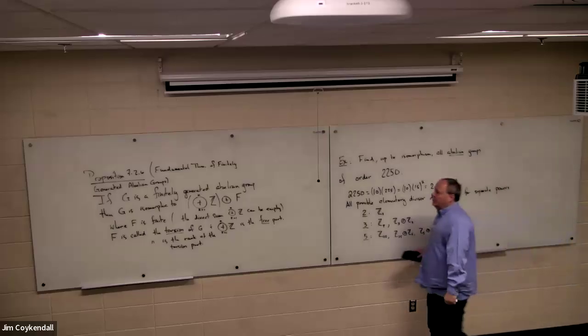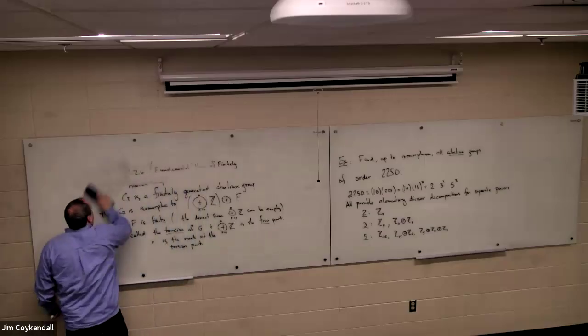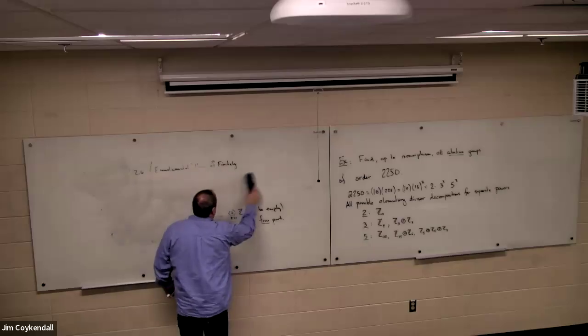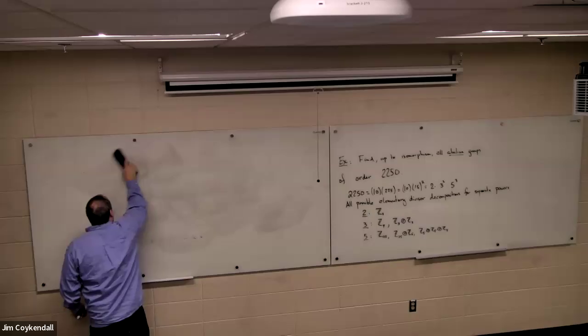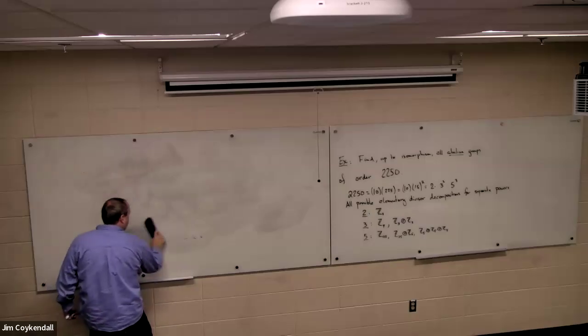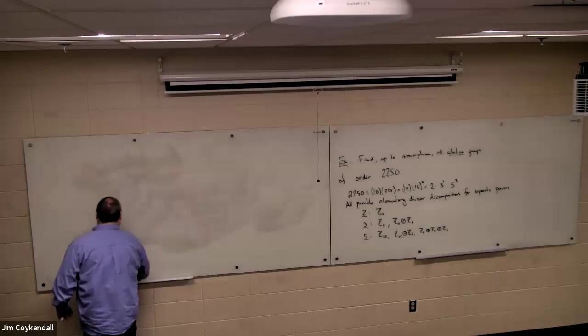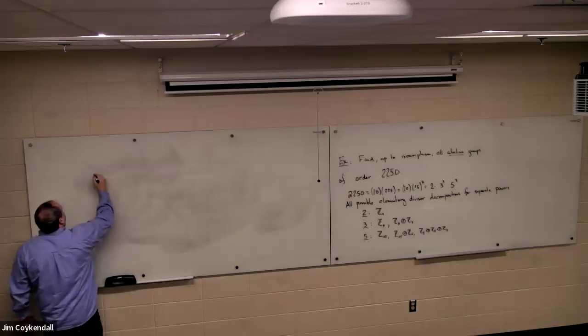Let me list what these groups are, and I'm going to use this to do the invariant factor decomposition. So there should be 6 possibilities, and I'll just go through them. I think I'll start from the bottom.